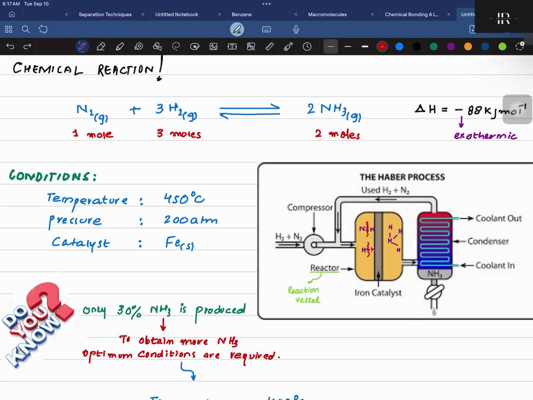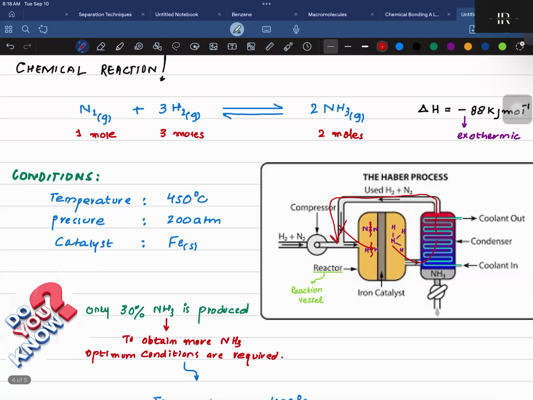So what they do basically is reverse back, and then again enter this container. Then ammonia would be formed, and I can separate the ammonia gas as ammonia liquid. Then again hydrogen gas and nitrogen gas are not going to convert into liquid form, so they would be reversing back just like that.